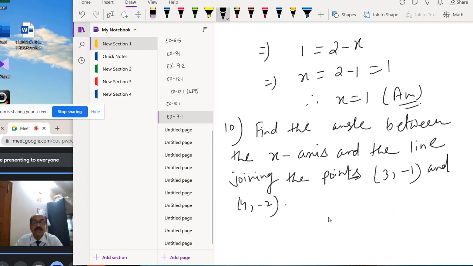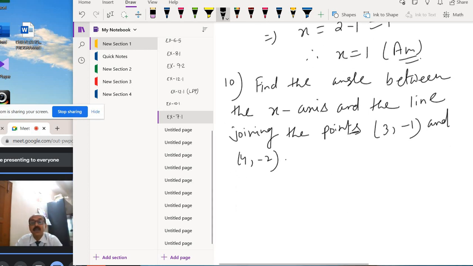So the angle between the x-axis and the line, it is called what? Slope. So find the slope of the line.